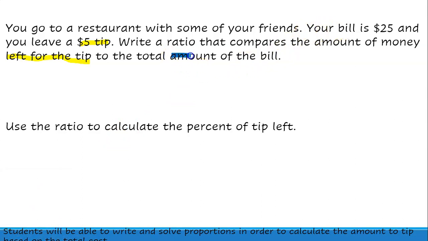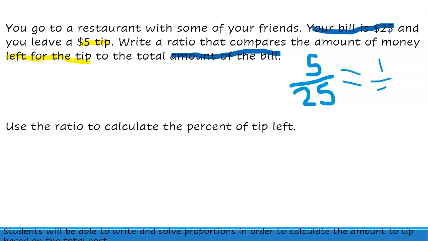Well, the amount of the bill was $25. So when we write our ratio, we have 5 out of 25. That'll reduce, right? We can reduce fractions. We did that yesterday. 5 divided by 25. Math, enter, enter. And you're going to get 1/5.